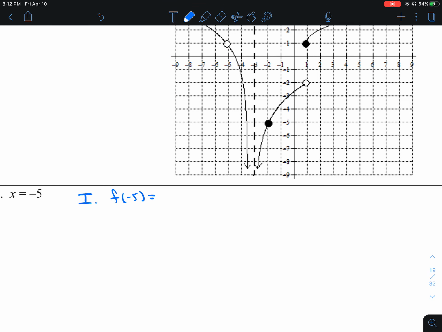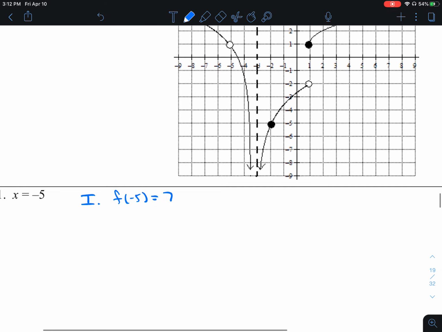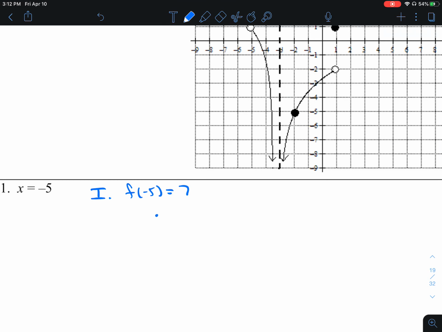F of -5 equals 7. Therefore, f of -5 is defined. I don't want to say exists, I want to say is defined.